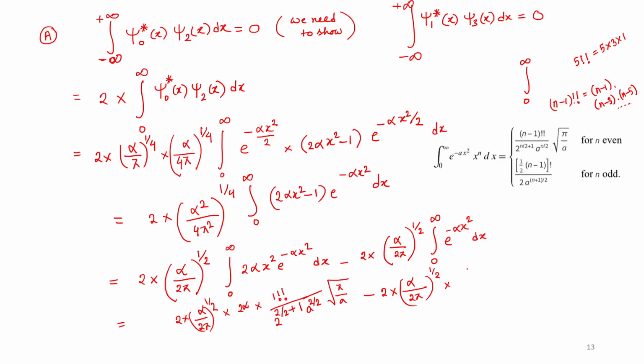So it will be minus 1 double factorial, which is actually 1, divided by 2 into 0 by 2, which is 1, into a to the power 0 into root over pi by a. I forgot, so I'll just check how much minus 1 double factorial is.